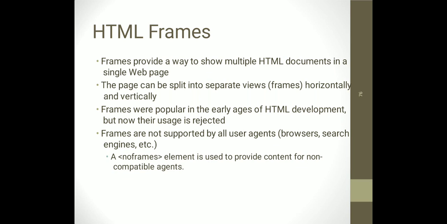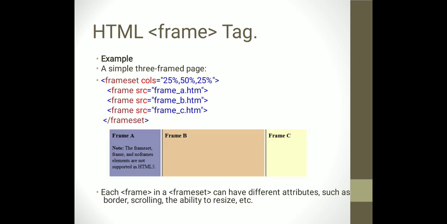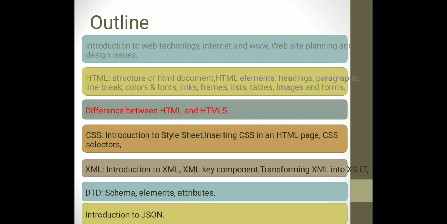Frames were popular in the early ages of HTML development, but now their usage is discouraged because many new options are available now to replace these frames. Then how to use the frame tag that we have seen.